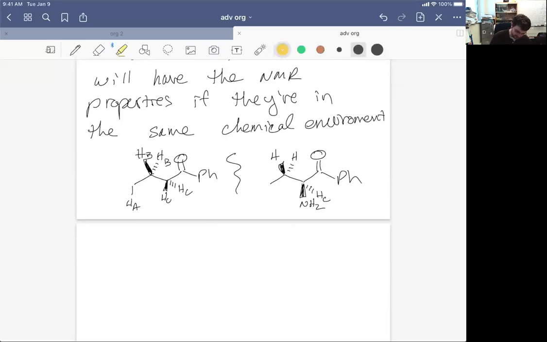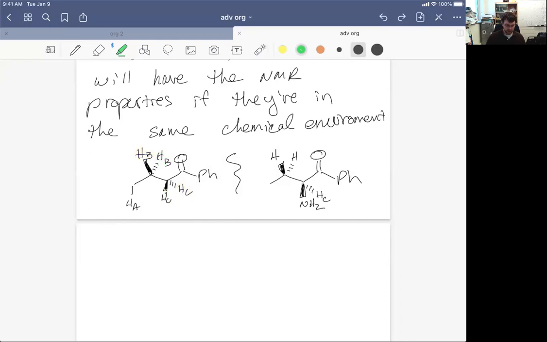If I wanted to compare and say, well, HB is really far away from HC down here as a dash compared to where this HB is, you would say, well, that doesn't matter because the dashed HB is the same distance, it's in the same chemical environment. No matter how you spin it, it's hard to quantify the chemical environment.